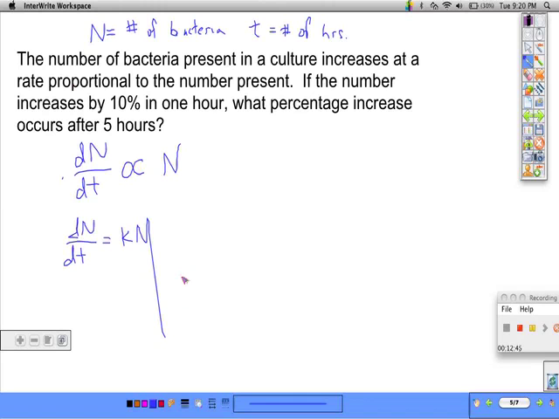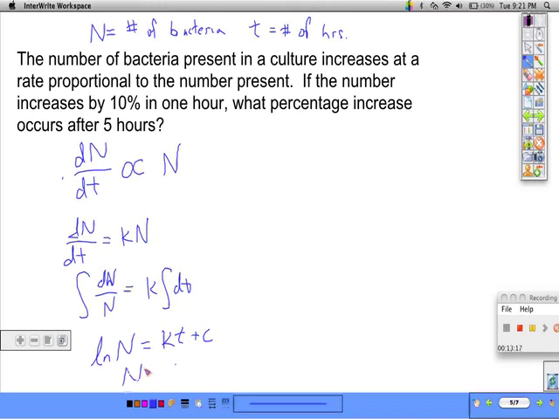And here's a separable differential equation. So the natural log of n is equal to kt plus c, or n equals ae to the kt. Now, the textbook works through this example slightly differently, but I am going to get the same answer here.